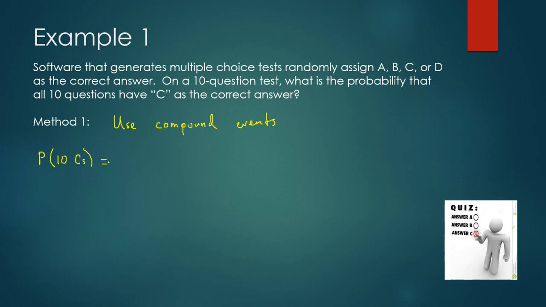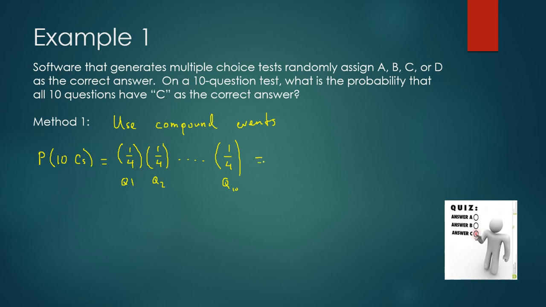Let's think about the probability that the first question is going to be C. There's 4 options, A, B, C, or D, and a 1 in 4 chance that it's C. That's for Q1. And for Q2, there's also a 1 in 4 chance that it's C. And you might see where this is going, all the way up to a 1 in 4 chance for question 10.